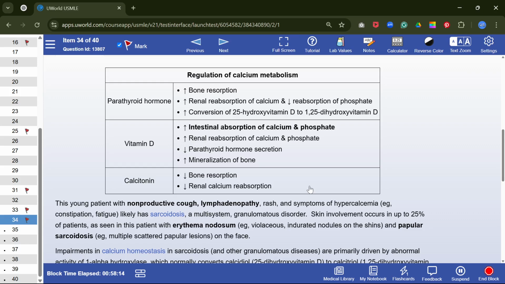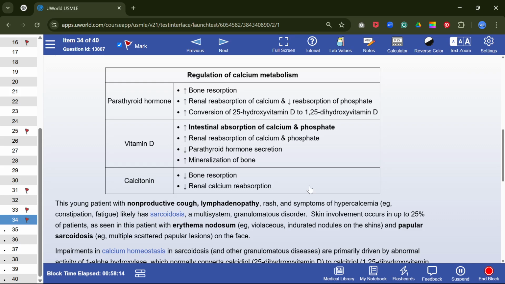Skin involvement occurs in up to 25% of cases, as seen in this patient with erythema nodosum, violaceous indurated nodules on the shins, and papular sarcoidosis.